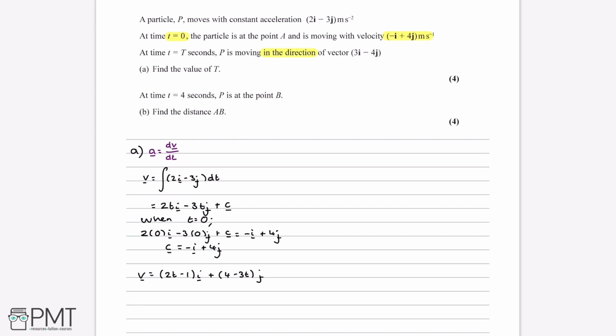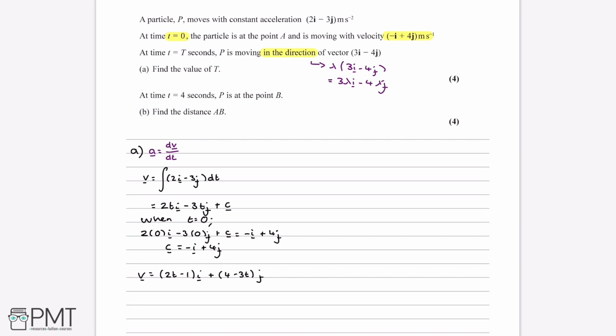We know that at time t equals capital T seconds, P is moving in the direction of the vector 3i minus 4j, and as I said previously, that implies it's parallel. Parallel means it has to be a multiple of this vector, so we can write this as lambda, an unknown that we need to work out, multiplied by this, which we can expand to 3 lambda i minus 4 lambda j.